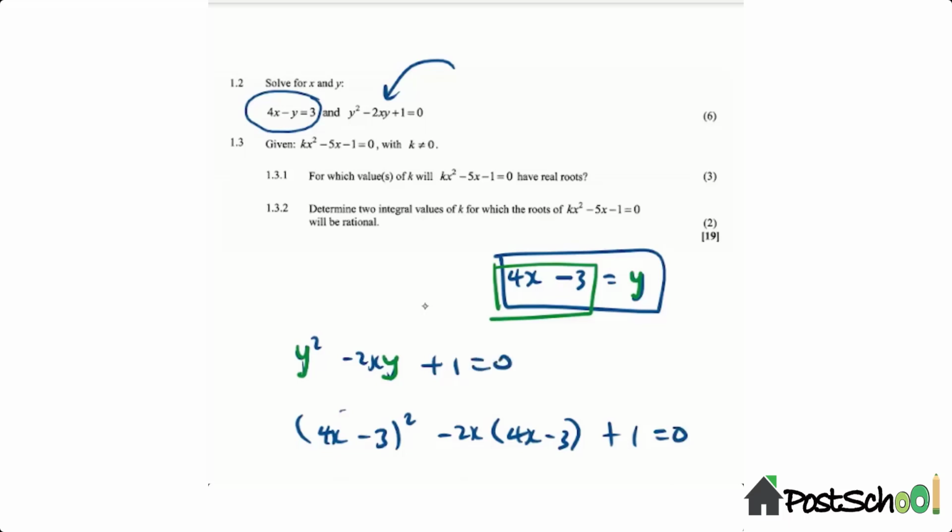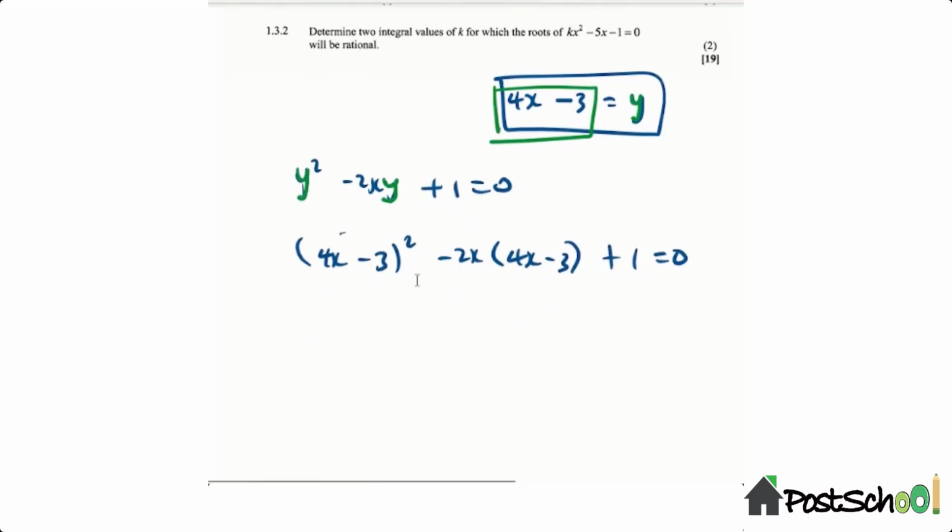And then you solve for x. You can open up two brackets for this question, or you can just use the technique that was learned in grade 9, which is to square the first term inside the bracket and get 16x squared, and then multiply this and then multiply by 2, which is going to be minus 24x, then plus 9.